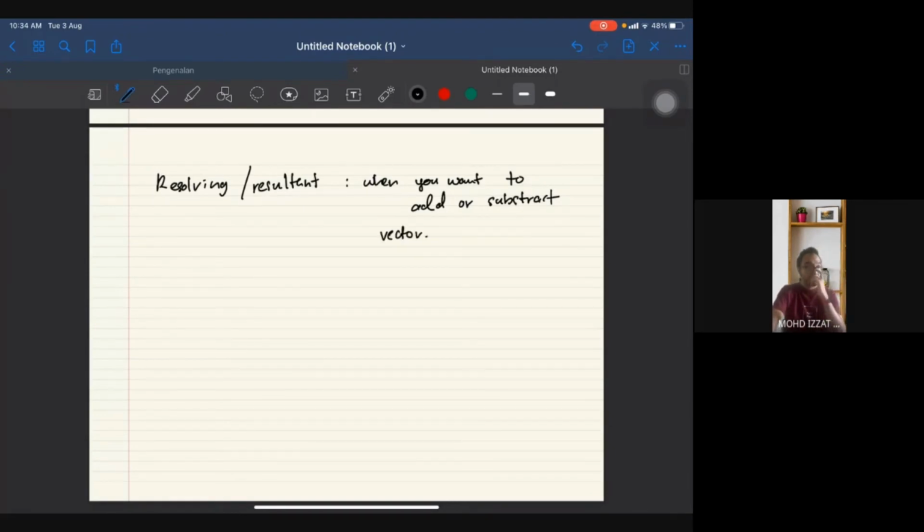Okay. Okay, saya kasih contoh. Let's say if I have a box. Contoh paling mudah lah, kita pakai force ya. And then somebody push this box to the right, and somebody push this box to the left, to the right jugalah.